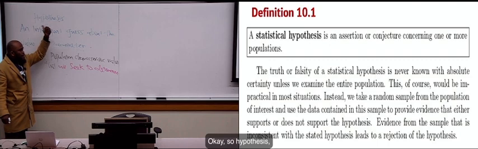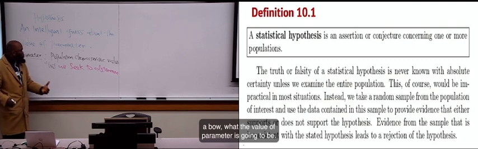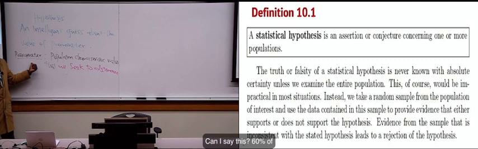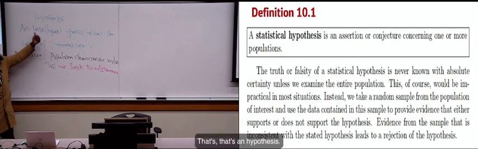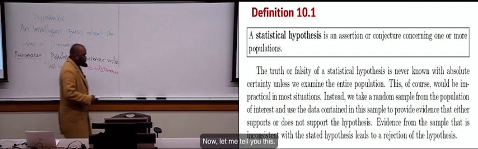So by hypothesis, you are making an assertion about what the value of the parameter is going to be. Can I say this? 60% of Americans approve the job the president is doing, or not? Or can I say below 50% approve the job the president is doing, and stuff like that? That's a hypothesis.